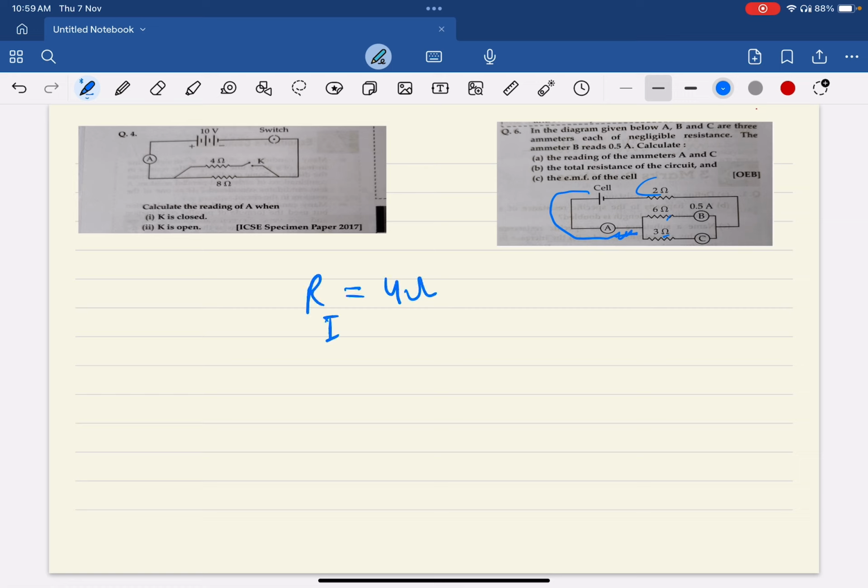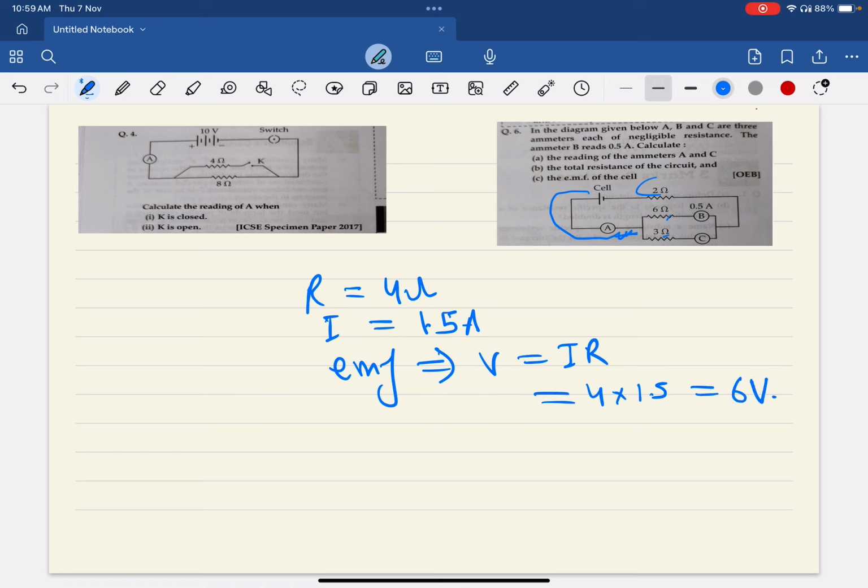We have already figured out I is 1.5 ampere. So what should be the EMF of the cell? EMF V equals IR, which is equal to 4 times 1.5, and that is 6 volts. So this is how we approach numericals related to electricity and current.